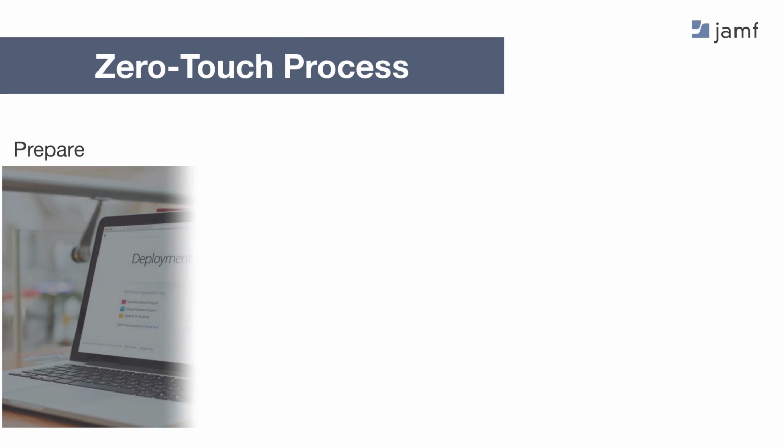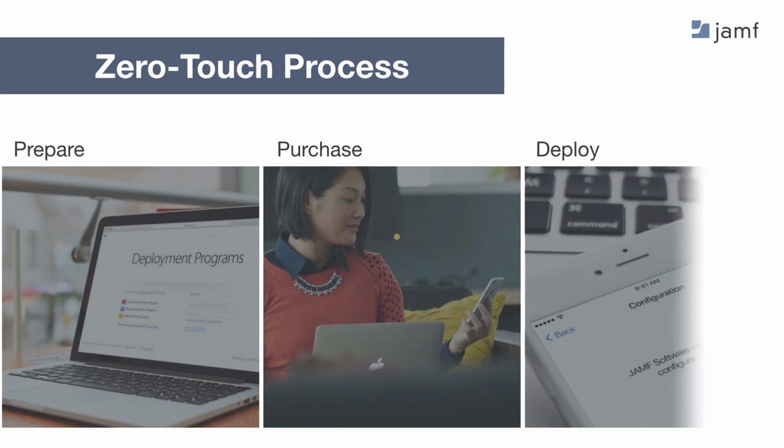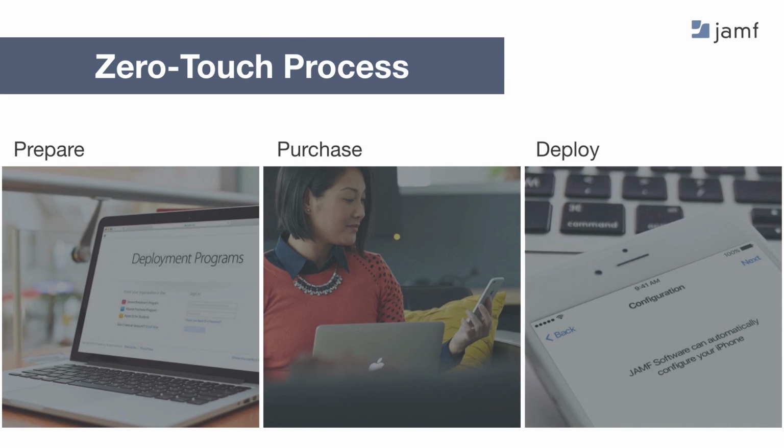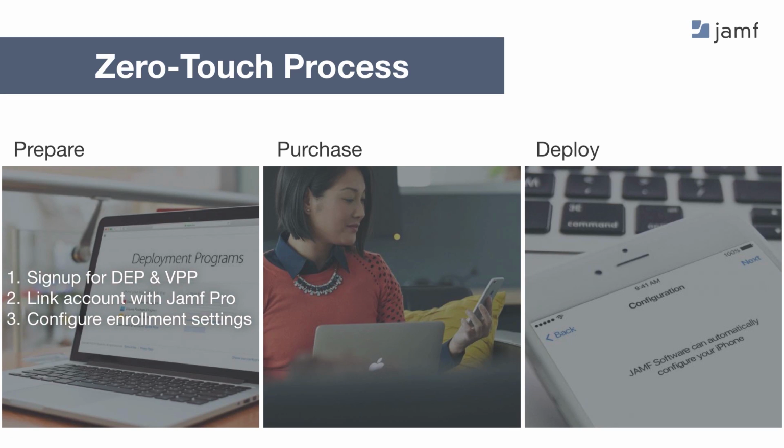So even before you start buying devices, there's a couple of setup tasks that you're going to want to do. The first one, in preparing for this zero-touch deployment, is, of course, signing up for the Apple deployment programs. Again, deploy.apple.com or school.apple.com if you're a school. And there you're going to sign up for the DEP and VPP programs.